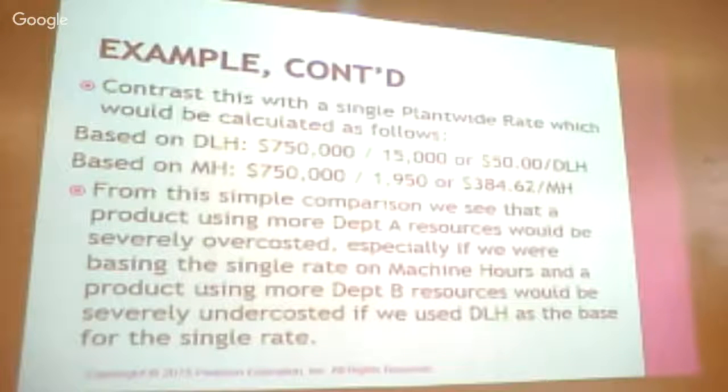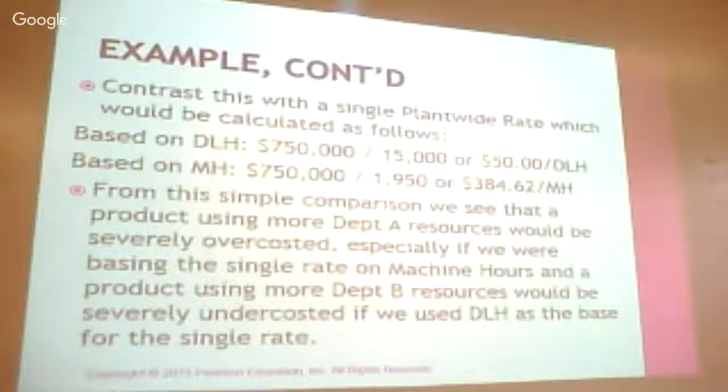Whereas if I based it off machine hours, there's a total of 950, and so it'd be 384.62. From this simple comparison, we see that products using more Department A resources would be severely overcosted.